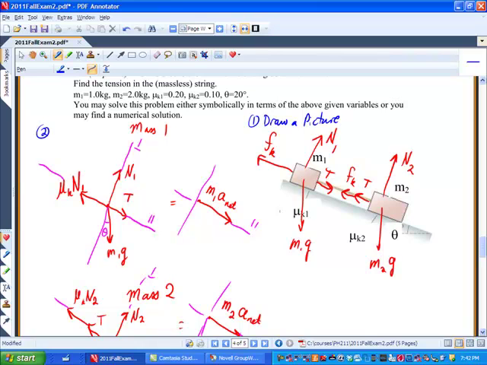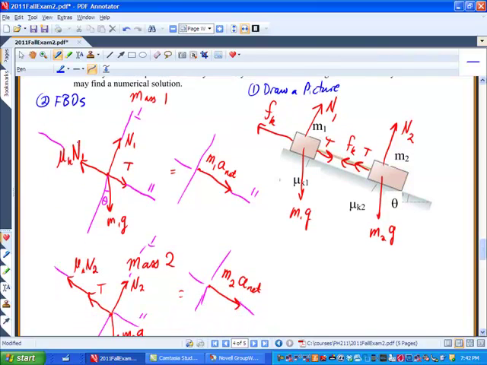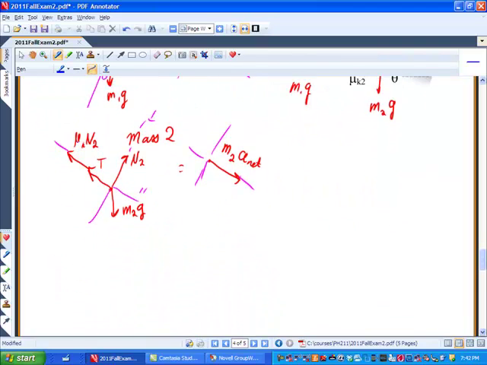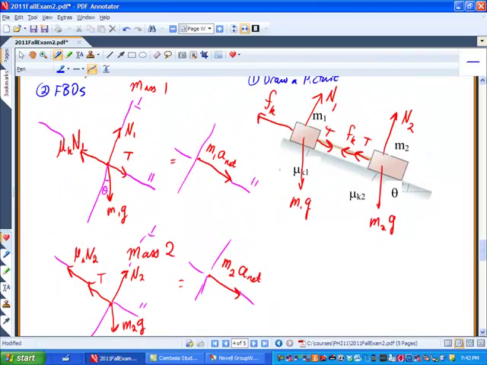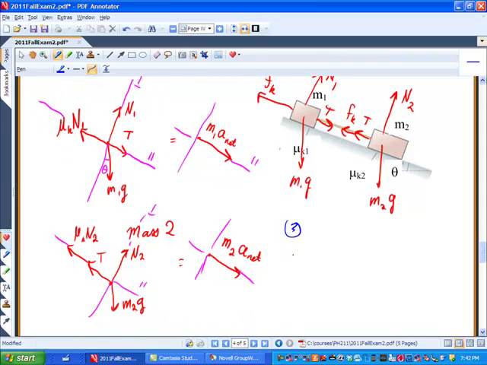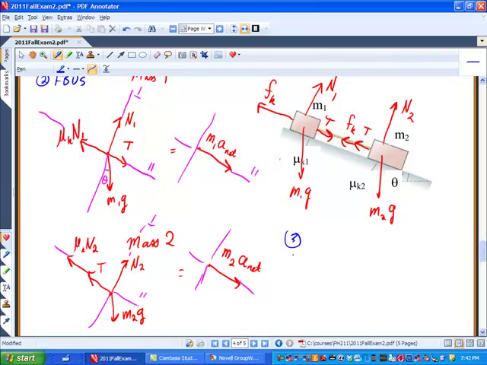Number 2, we do our free body diagrams, in this case because there's 2 of them. And step 3, we finally get to derive equations. And one of the things we've been doing in class is we've been setting up tables of forces. It slows us down a little bit, but it does help us make sure we get the right answer.